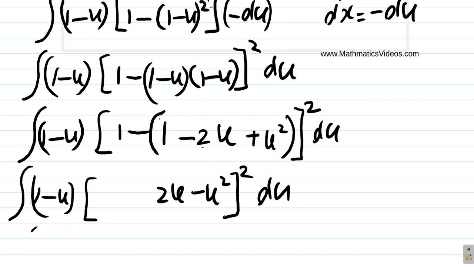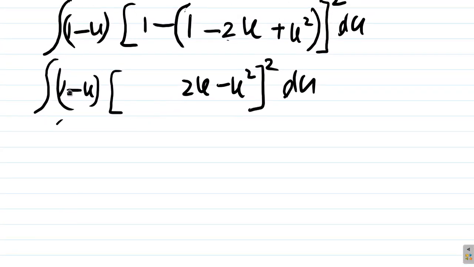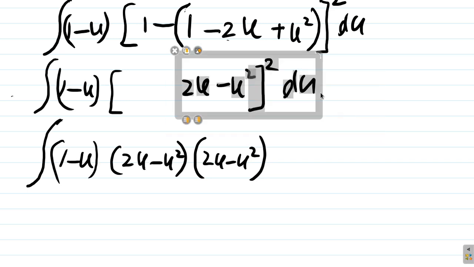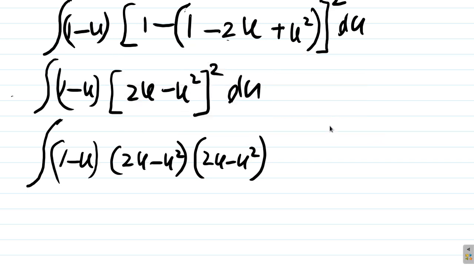So it's going to be the integral of 1 minus u times 2u minus u squared times itself, 2u minus u squared, because it is squared, du.